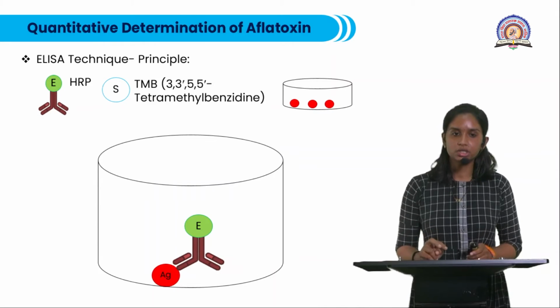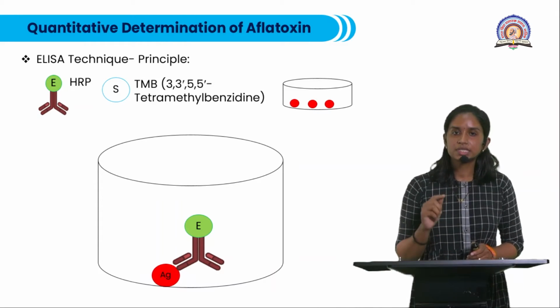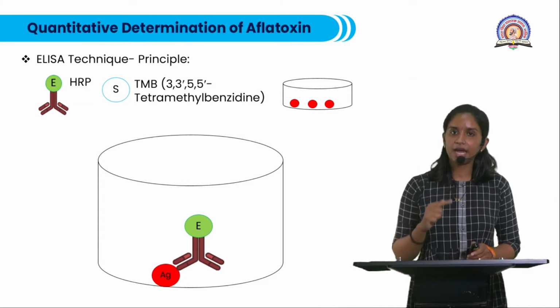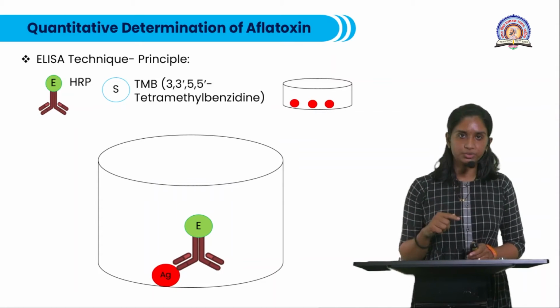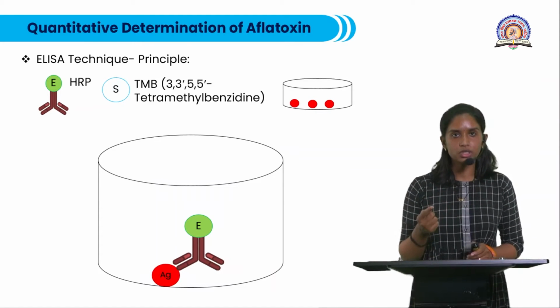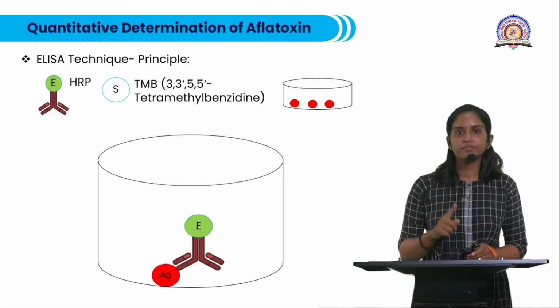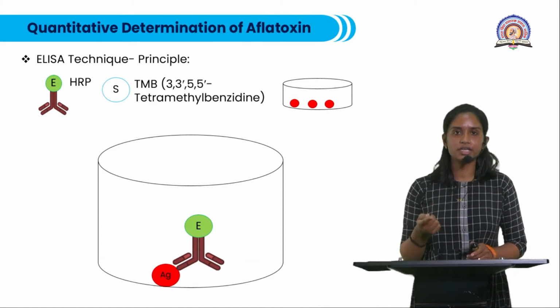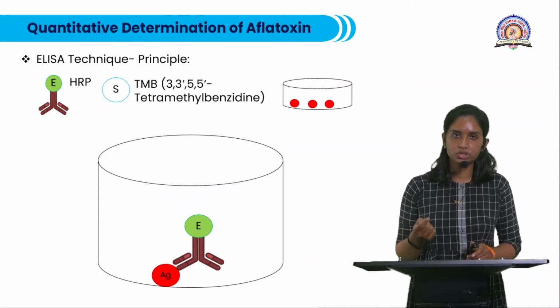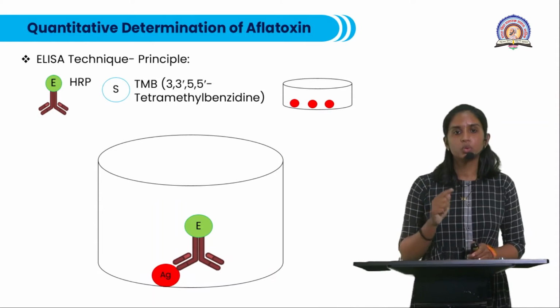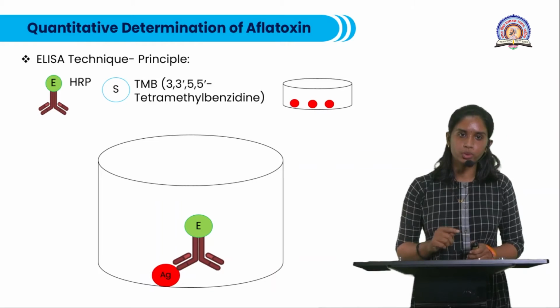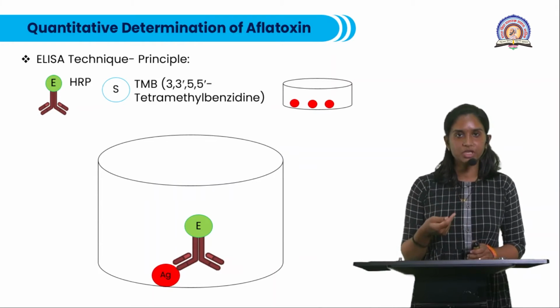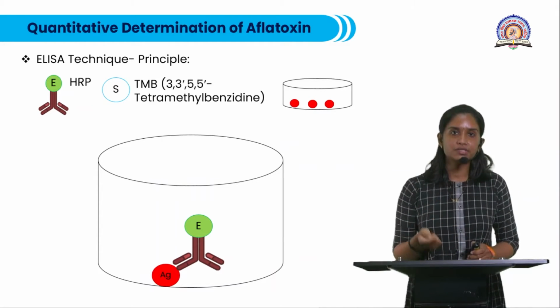Now see here, if this antibody is specific to the antigen, then only it will bind to the antigen. And if not, then this antibody will be washed away. Then in the second case, when antigen and antibody are not specific to each other, no enzyme will be present in this microtiter plate. So the next step is, you are going to detect the presence of enzyme.